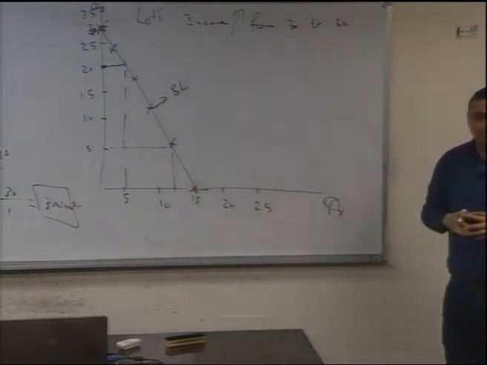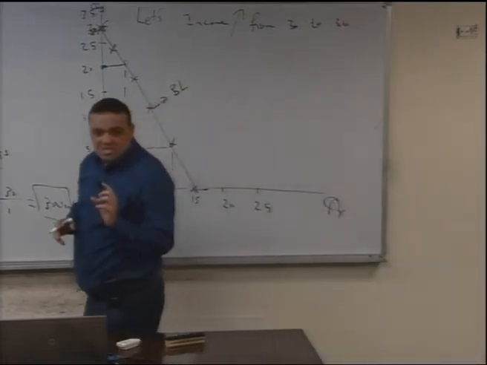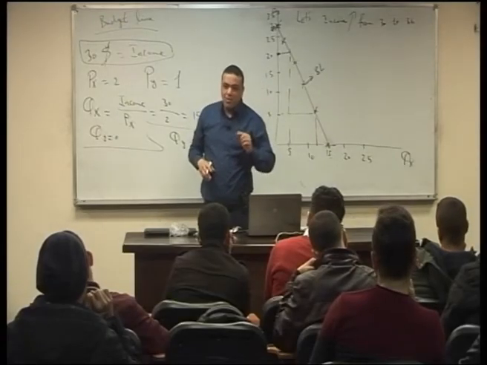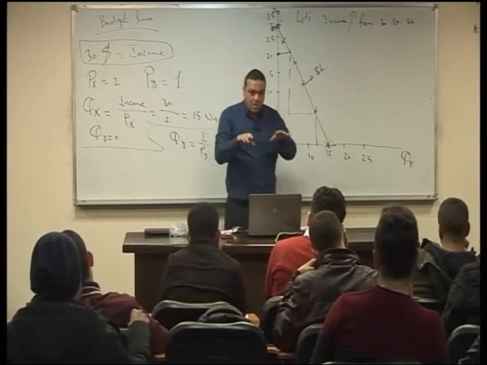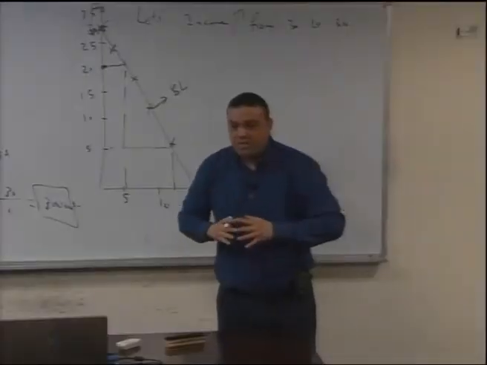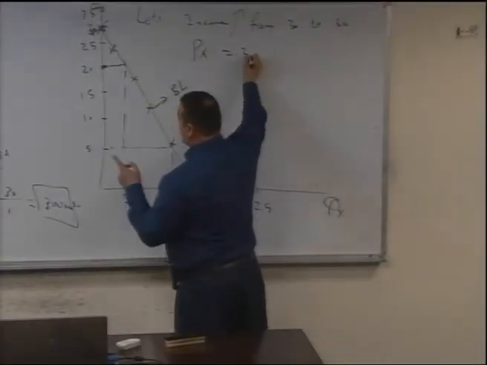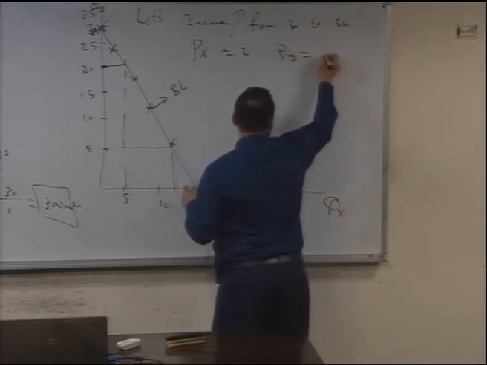What will happen? This means that the consumer's ability to buy will increase, according to the assumption that the price of X and the price of Y remain constant, with the price of X remaining constant at 2 and the price of Y remaining constant at 1.